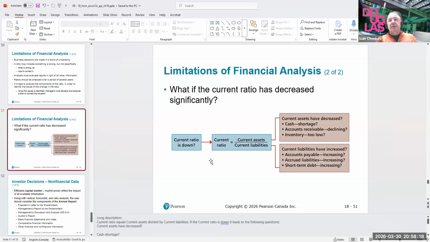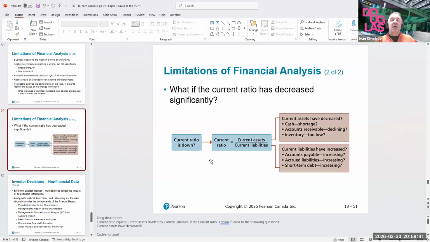The other limitation concerns the current ratio. What if the current ratio decreases significantly? What's going to happen then? What if the current ratio drops below 1? Does that mean cash shortage? Does that mean the company doesn't have the ability to pay cash?